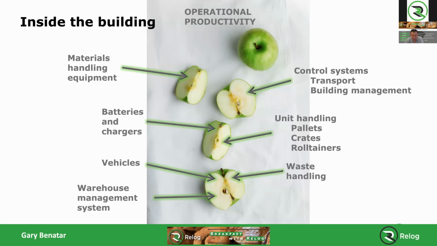We also think about the materials handling equipment inside the facility, the batteries and chargers, the vehicles, how we use the warehouse management system, how we handle waste, our unit handling, pallets, rolltainers, crates, which are reused. So we have returnable transit packaging. And then the control systems for the building and transport, all important in optimizing the process and getting optimum productivity.